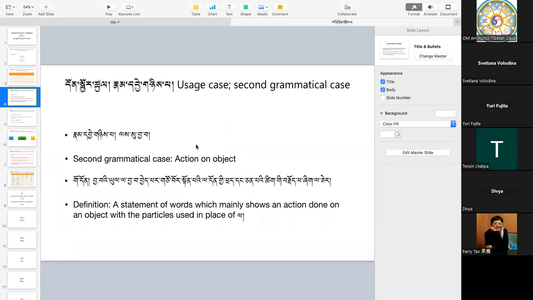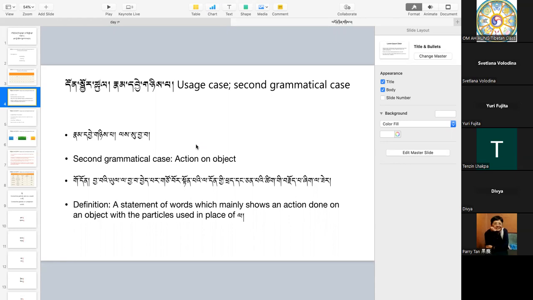This doesn't mean that we don't have emphasis upon different parts of speech. Definitely we have emphasis upon different parts of speech, but still a very important part of the grammar becomes the different types of sentences that we're making. And therefore, most of the time when we talk about usage case, we're only talking about different types of sentences.